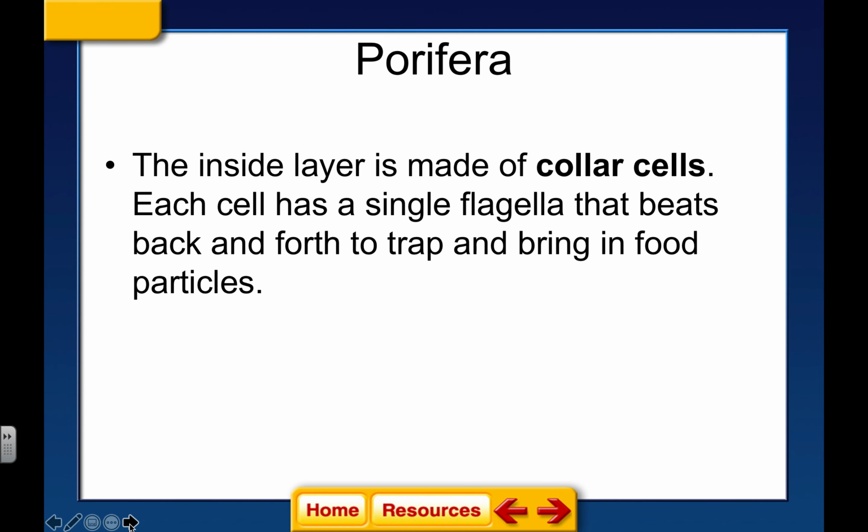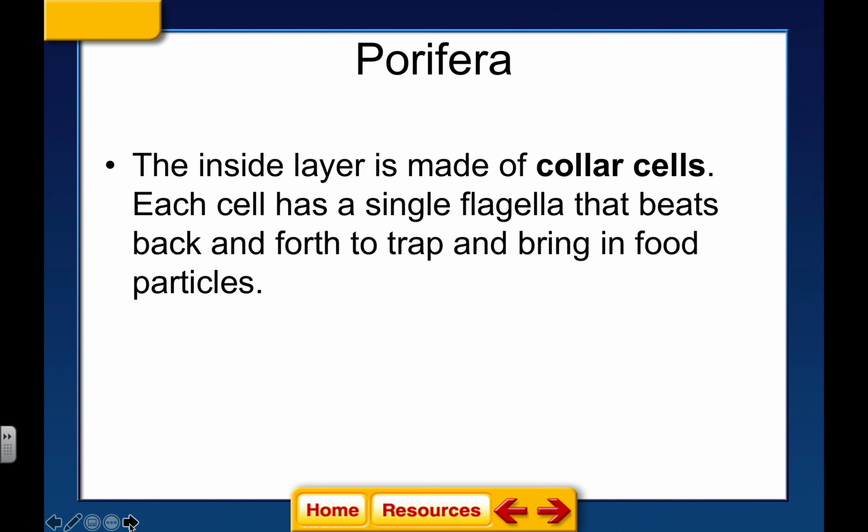Now, the very inside layer of the sponge is called a layer of collar cells. The collar cells are working independently. They're not working as a tissue layer. Each cell has a flagellum. If there's not a current or a flow of water, they beat these flagella back and forth, and that causes a current or water flow where they can trap the food and bring it in and get it digested by the amoebocytes.